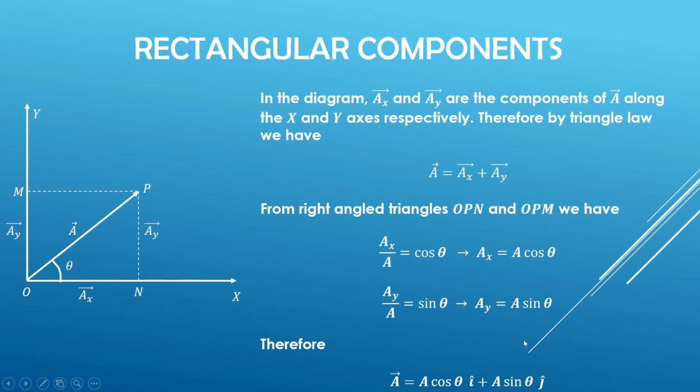Remember, these are magnitudes only. Since A vector is AX plus AY vectors, A vector is written as A cos theta i cap plus A sin theta j cap, as I have already said that i cap and j cap are the unit vectors along x and y respectively.